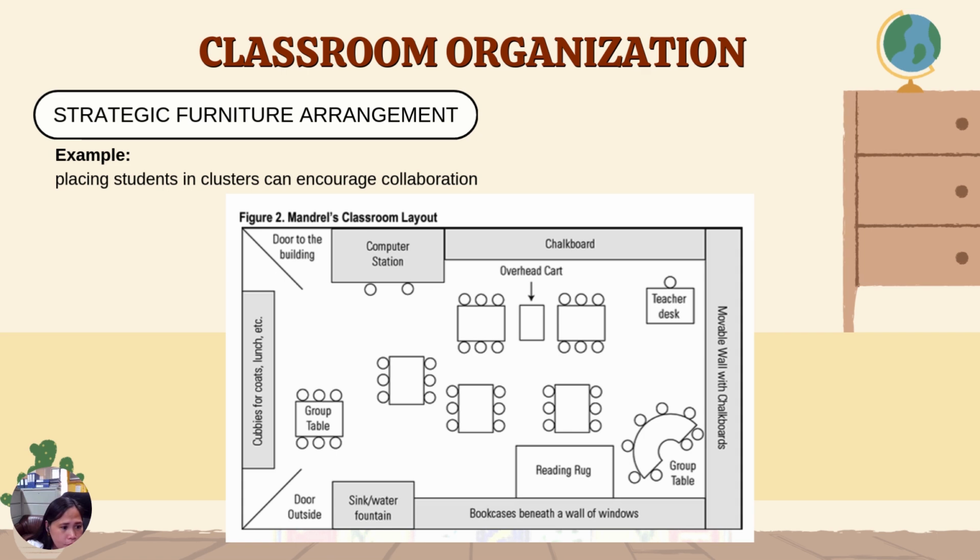So in this picture as well, as you can see in the layout, there is enough space for the teacher to move around in between clusters. Because as a teacher, whenever there are activities, we make sure that we move around to follow up whether all groups are able to follow the instruction.